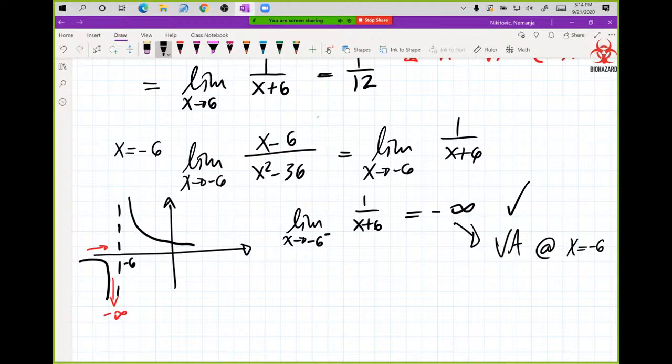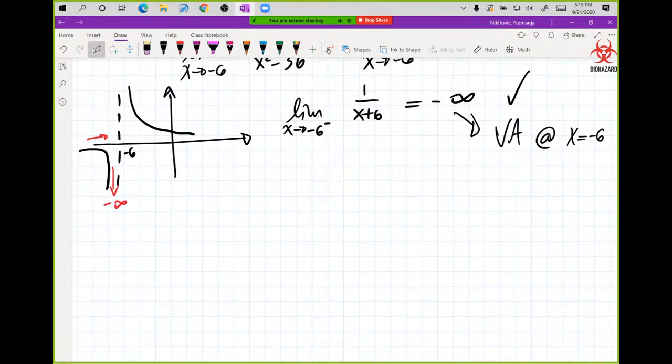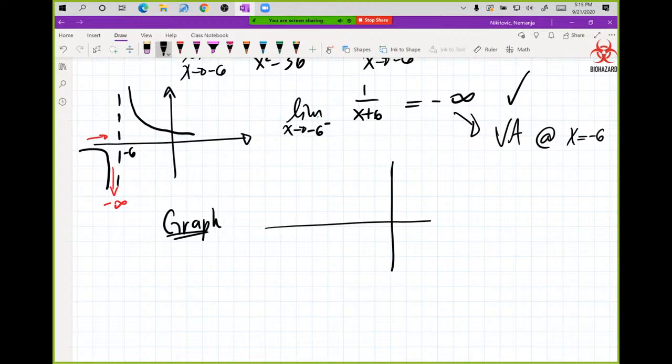Now, what was that thing at 6? Because it's still 0 in the denominator. Well, when you get a value like this, it means it's the open circle. So if you want to graph this function, you would go like this. You have your x and y. Then you have at negative 6, that's negative 6.